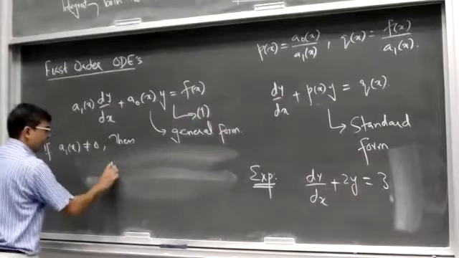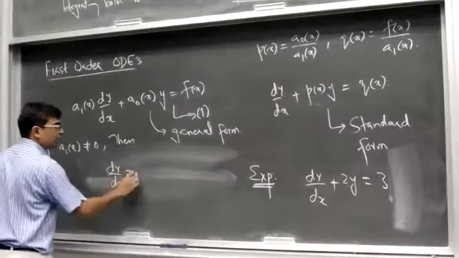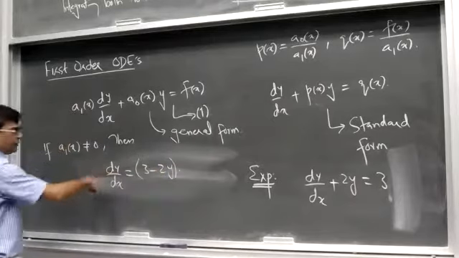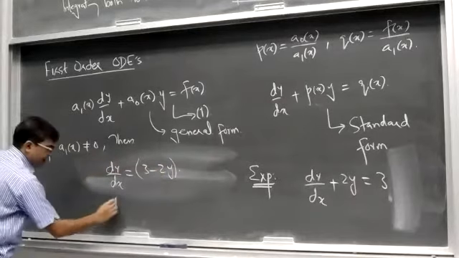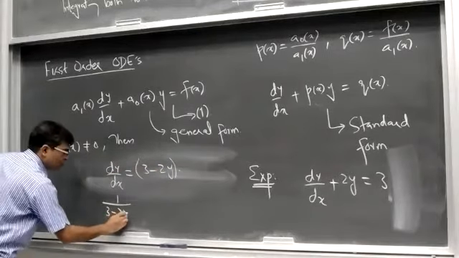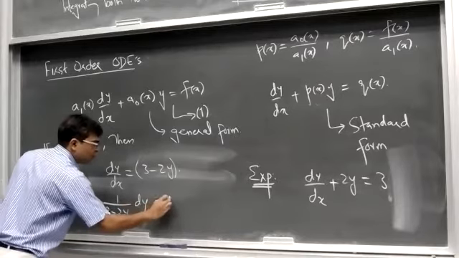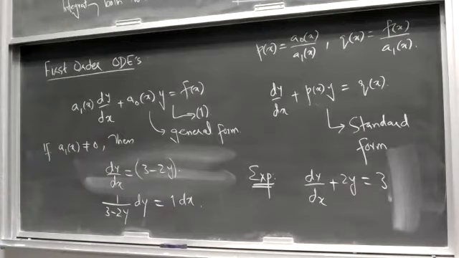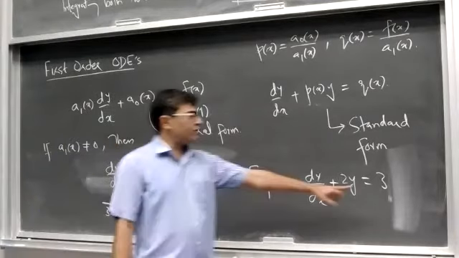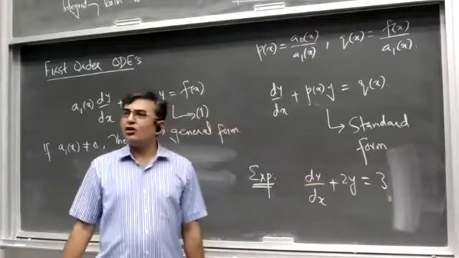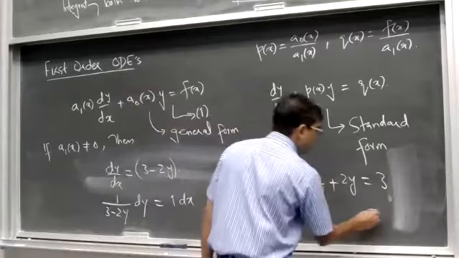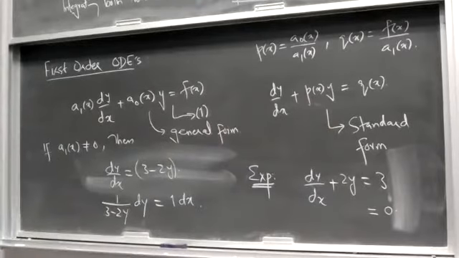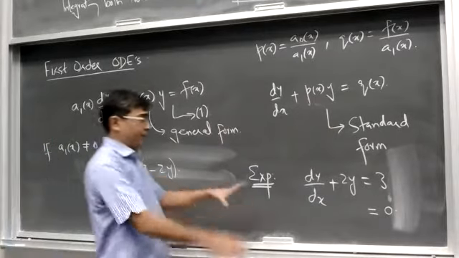So we can write dy by dx is equal to 3 minus 2y, and then this whole thing comes down to the left-hand side: 1 over 3 minus 2y dy is equal to 1 dx. In this case, we can separate them. Even if we have 0 on the right-hand side, we can still separate the variables.